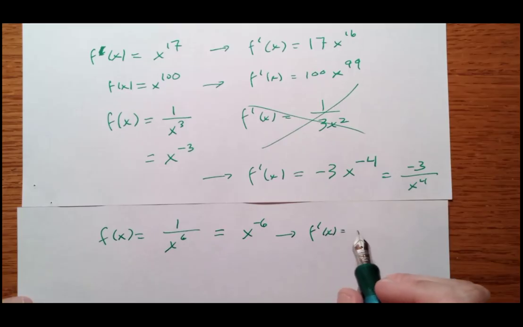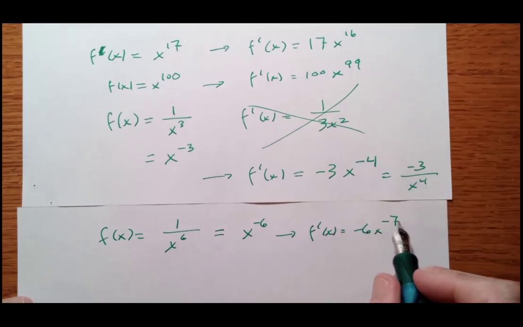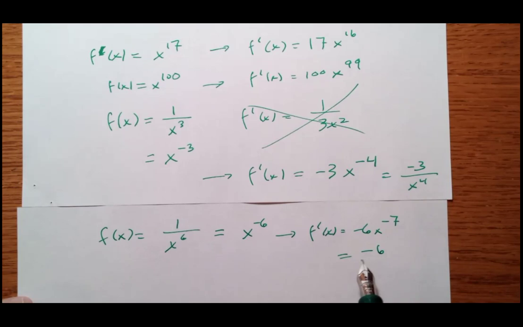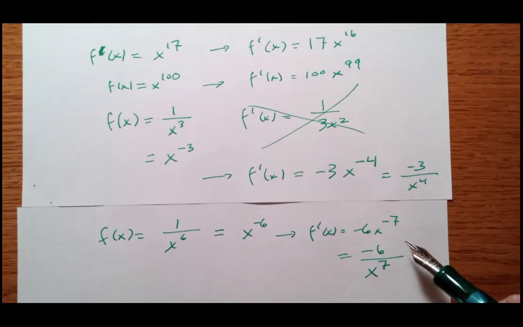So the derivative is minus 6x to the minus 7. You will see the textbook does not like writing negative powers, so it's going to rewrite that to be negative 6 over x to the 7th. I don't really care. I'm perfectly happy with this.